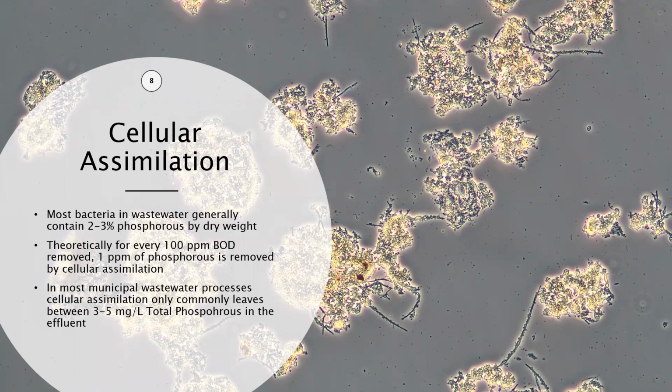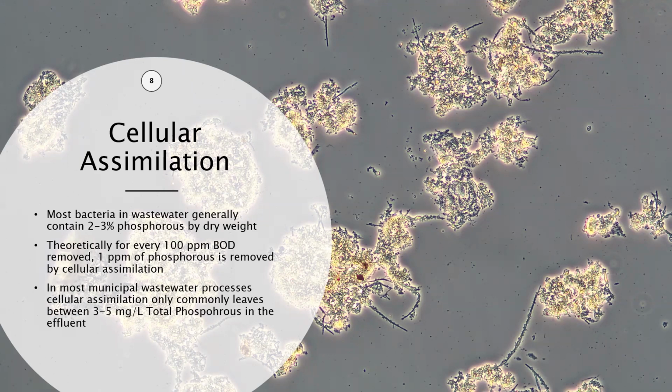So for every 100 parts or milligrams per liter BOD removed, about 1 part phosphorus is removed and basically incorporated into the cells of the new bacteria. So in most municipal wastewater processes, we're going to get some degree of phosphorus removal where that phosphorus is just getting eaten up by the bugs, and then eventually it's wasted and it's removed through wasting.